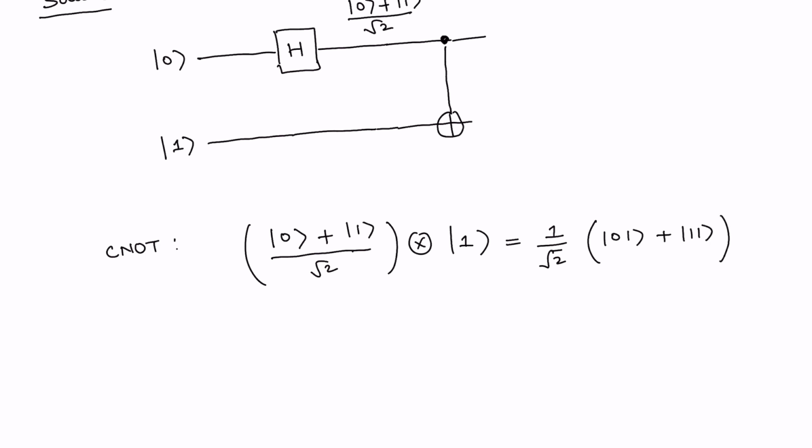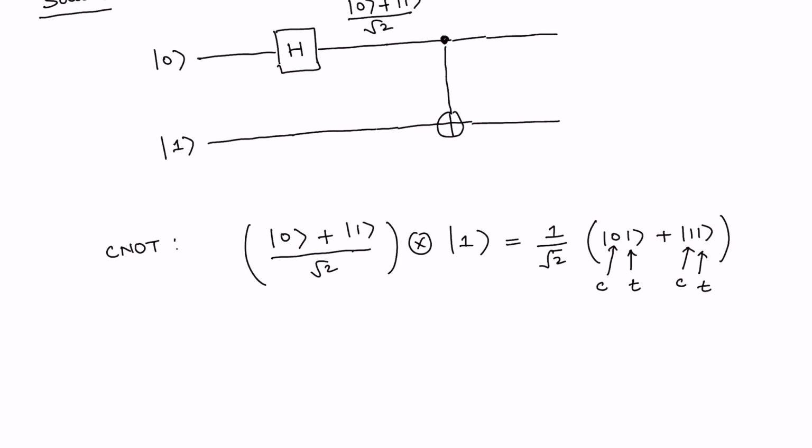Now as per the property of the C0 gate, here the first qubit is the control and the second is the target, and the target qubit is going to get flipped provided the control qubit is 1.